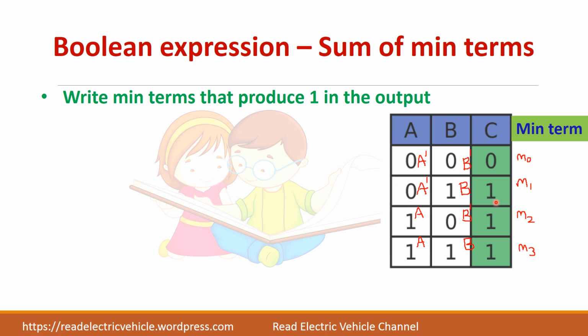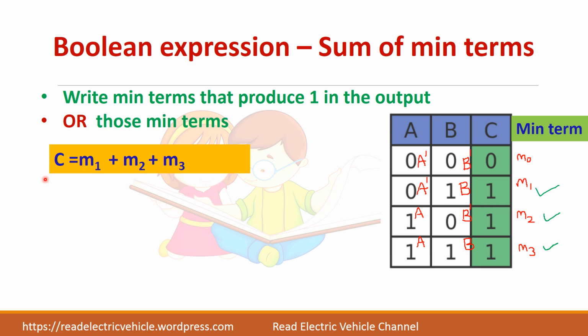To write the output expression in terms of sum of minterms, first you have to identify the minterms which produce 1 as output. Here m1, m2, m3 are producing 1 as the output. Then you have to add all these three minterms. So C is equal to m1 plus m2 plus m3.